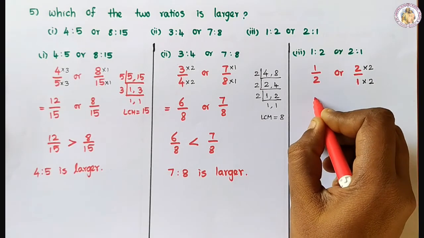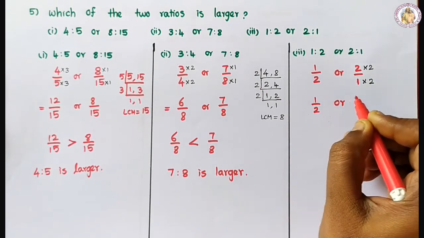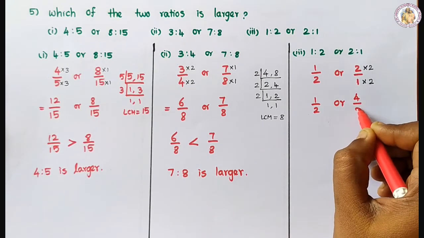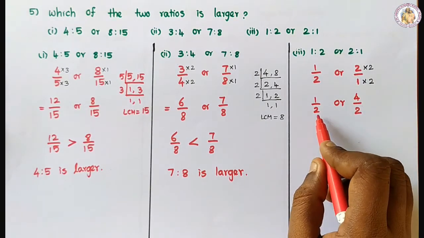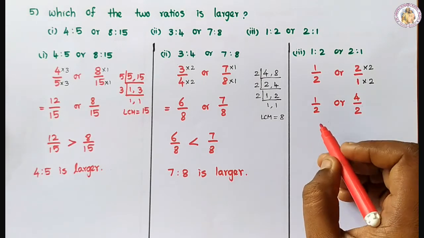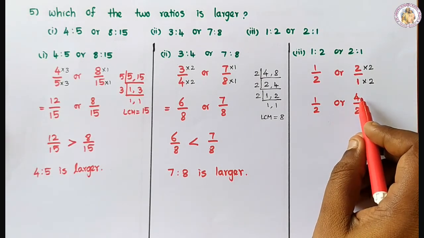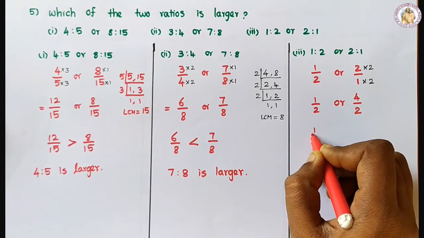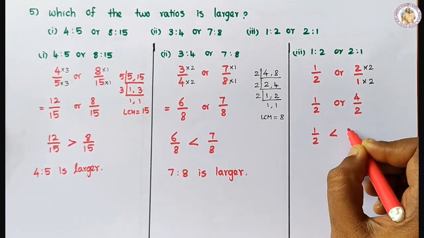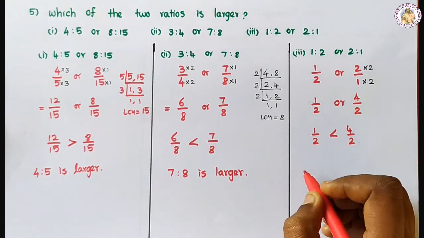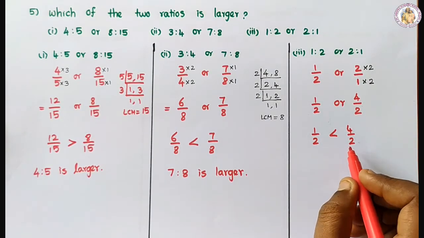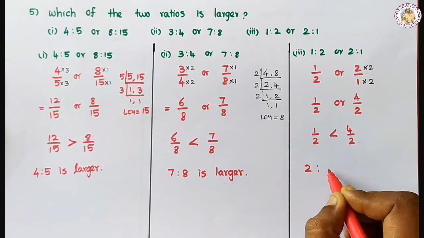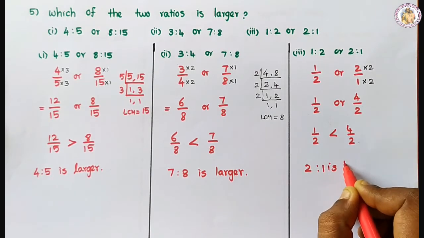Now 1 by 2 or 2 2s are 4 by 2. Now the denominators are same. Which one is greater here in numerator? That is 4. So 1 by 2 is less than 4 by 2. So 4 by 2 is greater one. Corresponding ratio is 2 is to 1. So 2 is to 1 is larger.